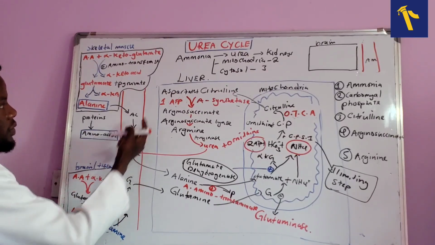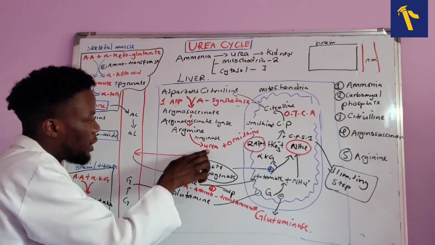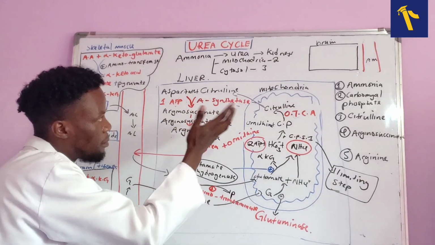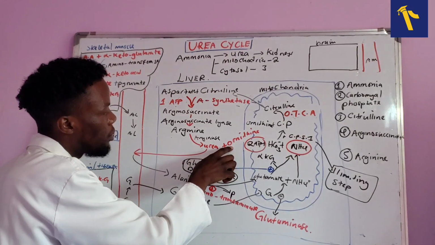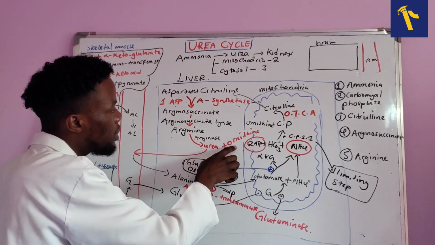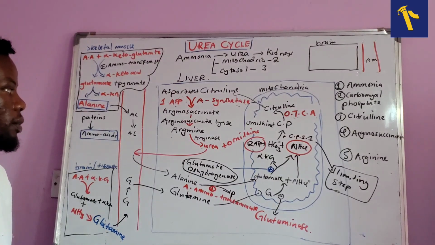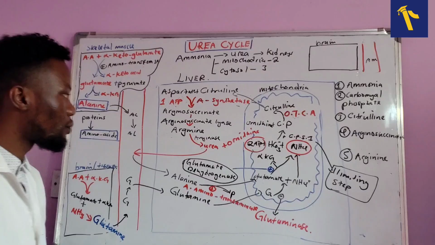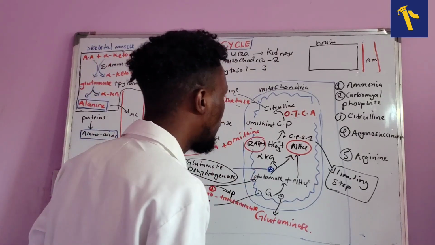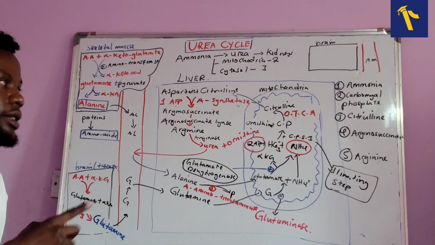So it can go into the blood vessel so that it can be excreted by the kidneys. But this urea now, since it can be excreted by the kidneys, now we've got another important molecule, which is ornithine. Ornithine can go back into the mitochondria and combine with what? This molecule, which we said, carbamoyl phosphate, so that we can have now citrulline, so that the cycle can continue like that.